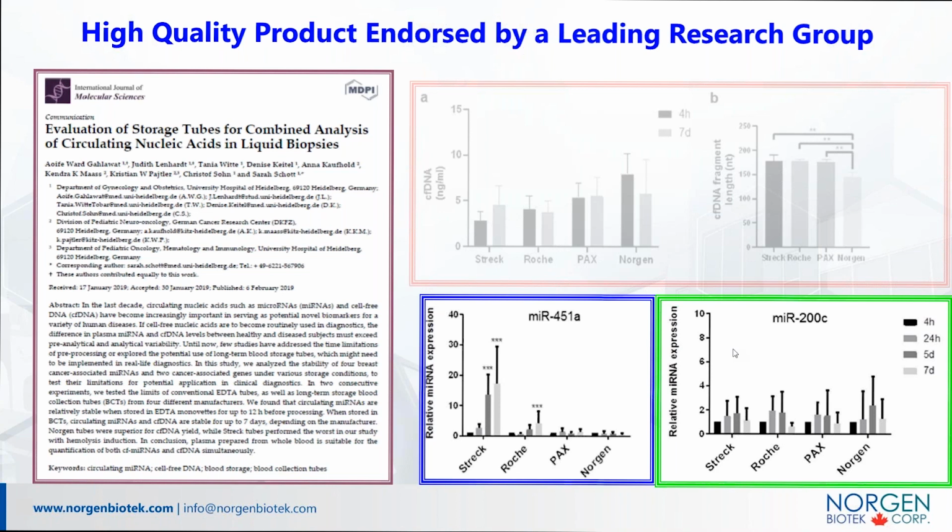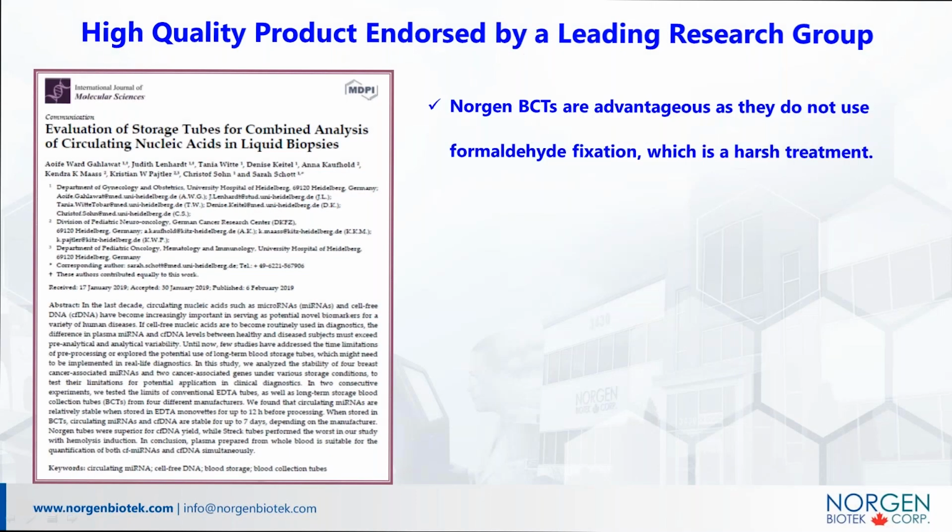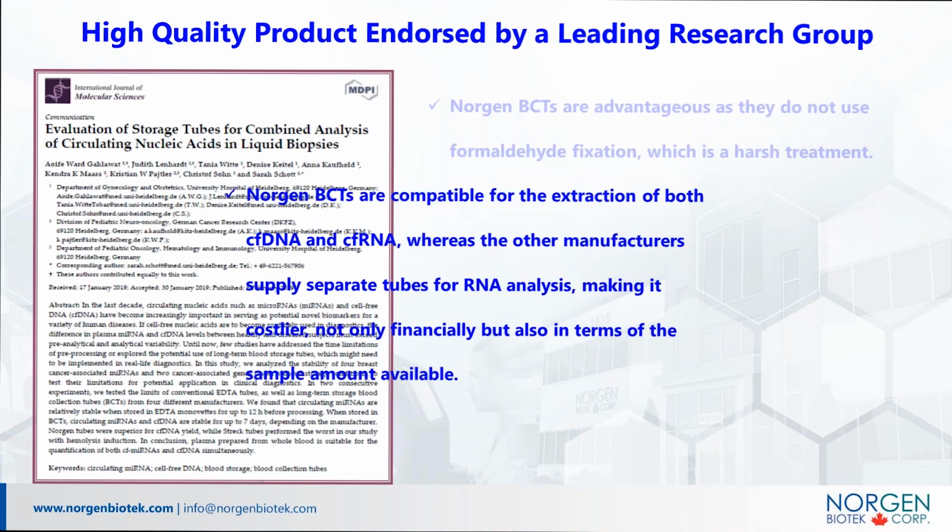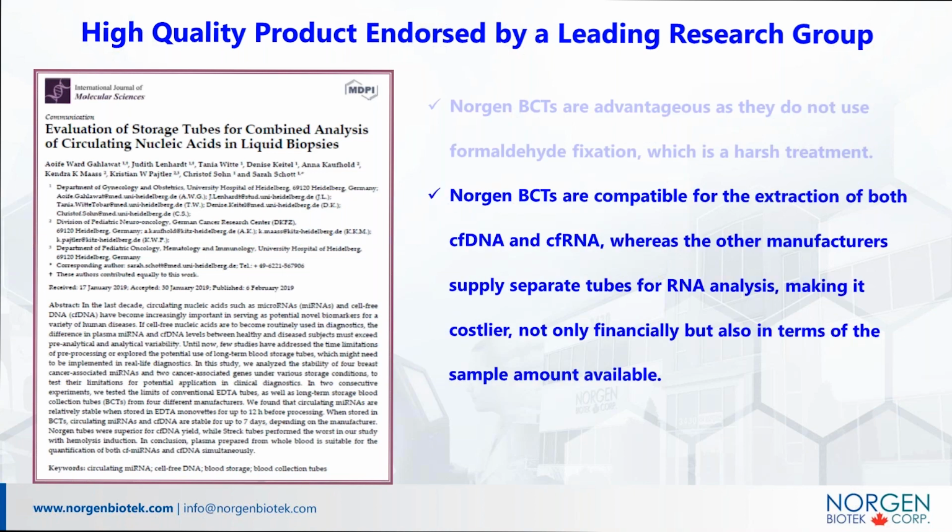And they concluded the following. Norgen BCTs are advantageous as they do not use formaldehyde fixation, which is a harsh treatment, and that is one of our main statements. Norgen BCTs are compatible for the extraction of both cell-free DNA and cell-free RNA, whereas other tubes have separate tubes for RNA analysis, making it costlier, not only financially, but also in terms of sample amount available.